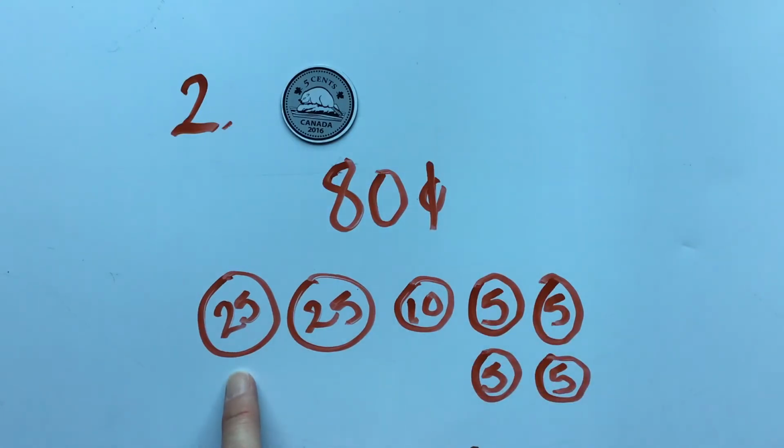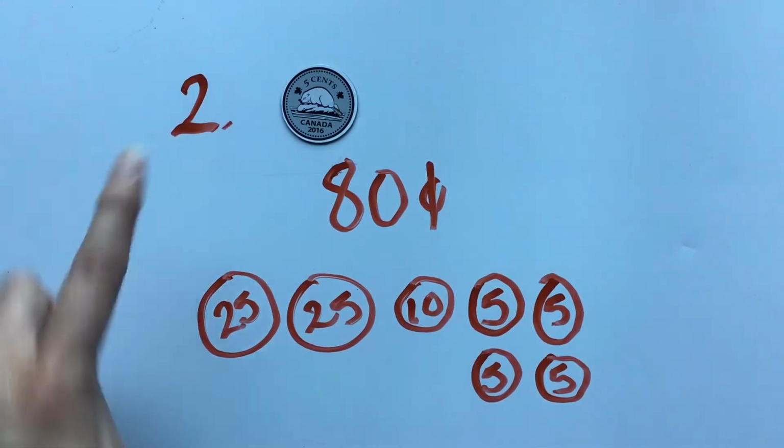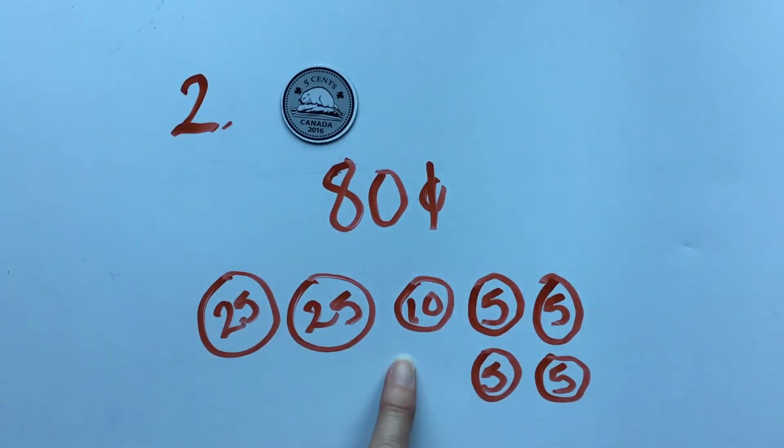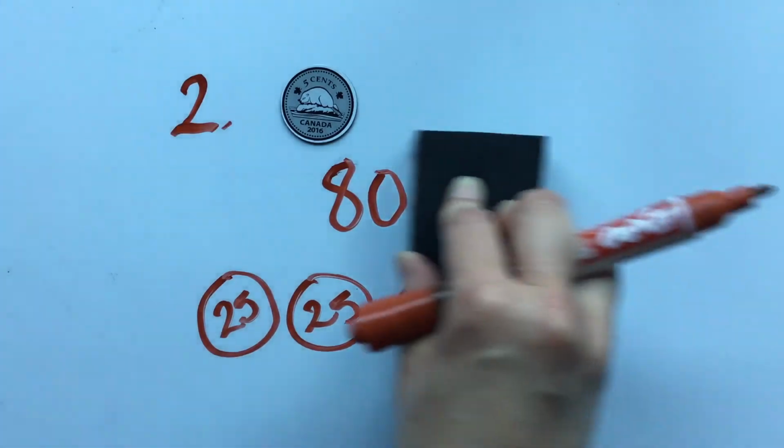Let's see if I'm correct. 25, 50, 60. 65, 70, 75, 80. Look at that. I reached my total of 80 cents. In question number 2, you are going to be given 4 different totals with some coin amounts. You are going to add nickels to get to the chosen amount. Okay? That's how you do number 2.